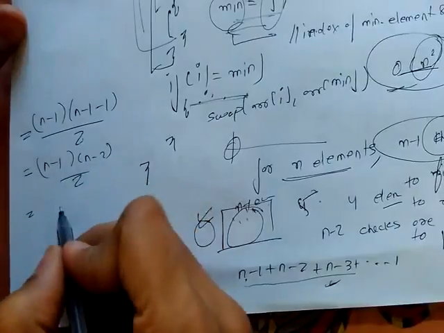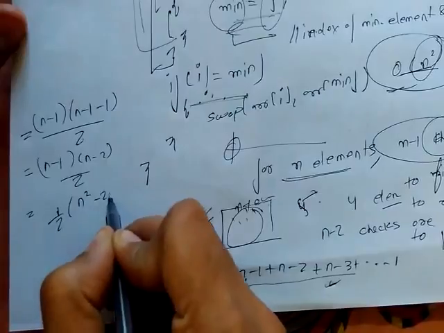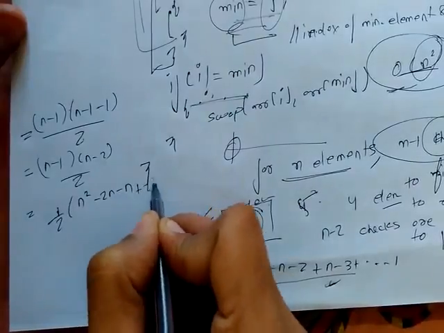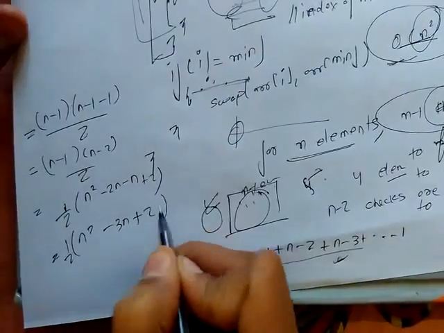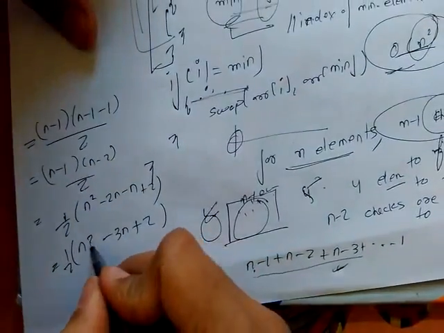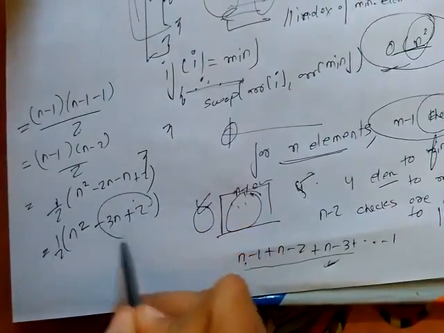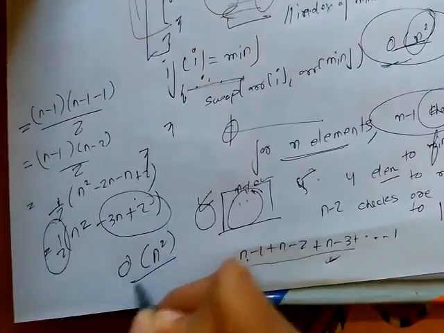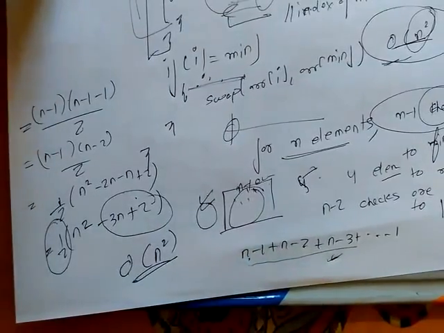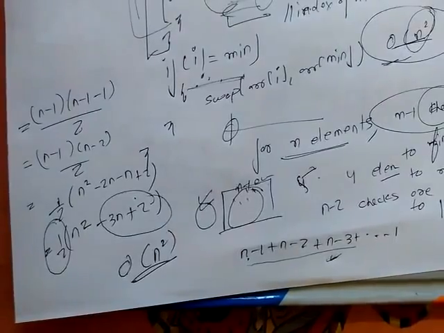And it comes out to be 1 by 2 into n square minus 2n minus n plus 2, which is n square minus 3n plus 2. Now asymptotic notation tells us that when our input size is very large, we ignore these terms and the constant. So our complexity is O n square. And for worst case, best case, average case, it is O n square.